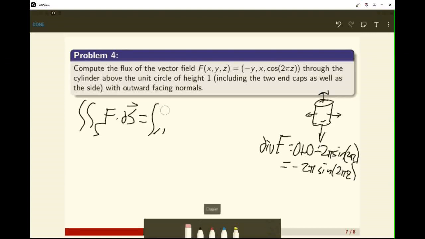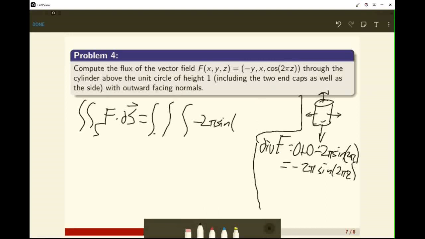Let me give myself more space for bounds here. The triple integral of that divergence, minus 2 pi sine of 2 pi z.